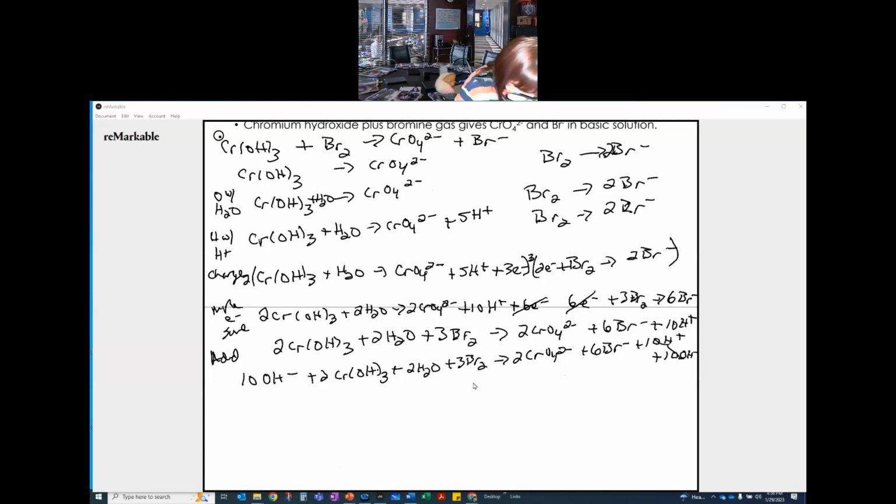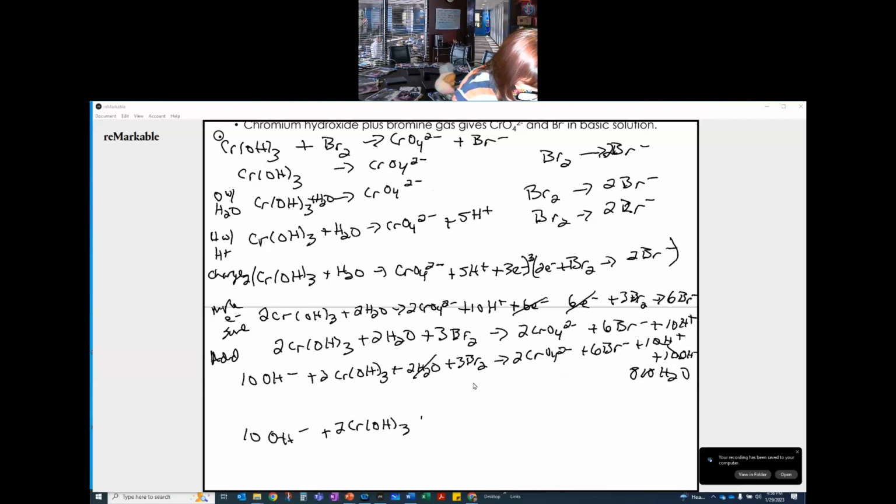These two together become 10 H2O. So now I have 10 H2O on my product side. I have 2 H2O on my reactant side. So I'm going to cancel the 2 H2O there and turn that into an 8. And so just to clean it up, 10 OH minus plus 2Cr(OH)3 plus 3Br2 goes to 2CrO4 2 minus plus 6Br minus plus 8H2O.